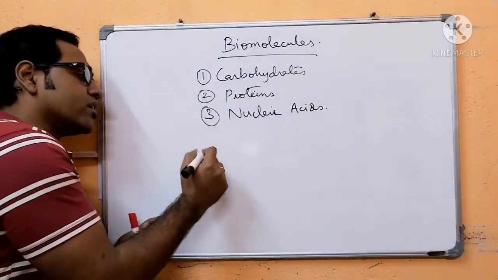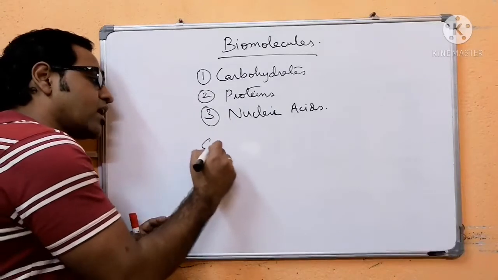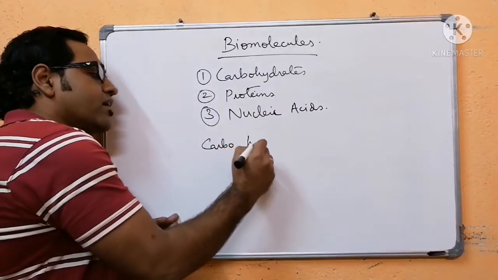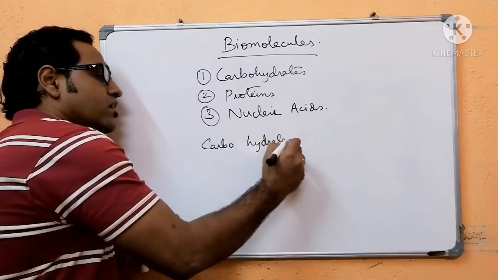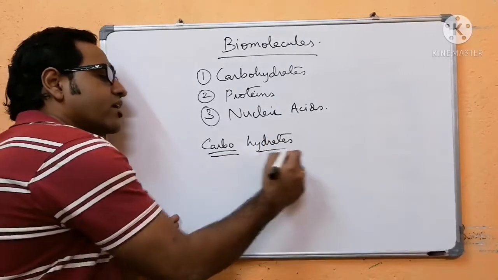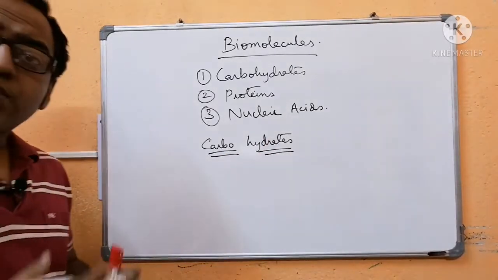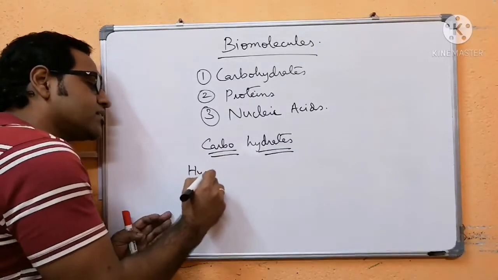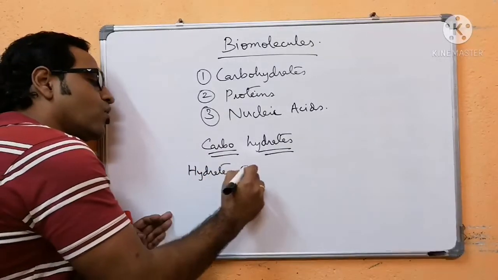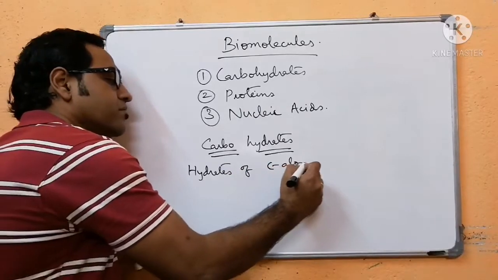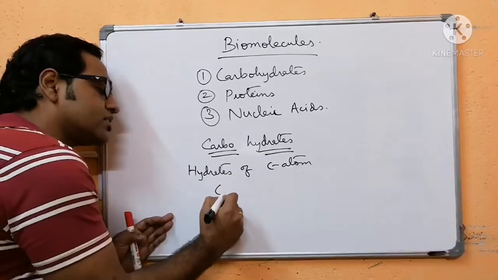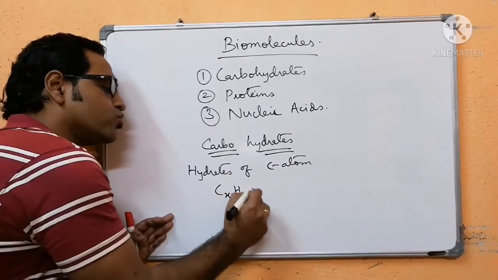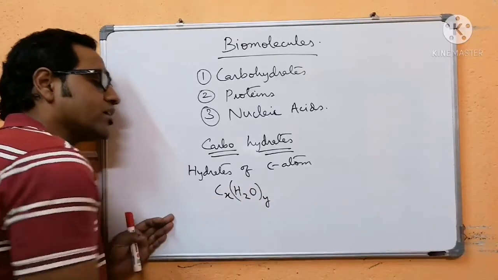The term carbohydrate has got two parts, carbo and hydrates. So we can define carbohydrates as hydrates of carbon atom, with general formula Cx(H2O)y.